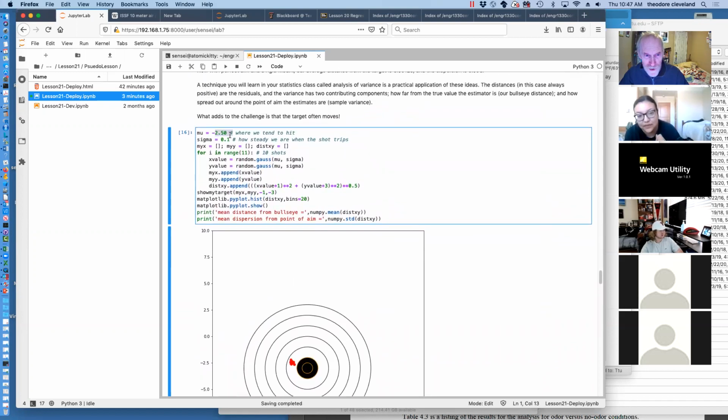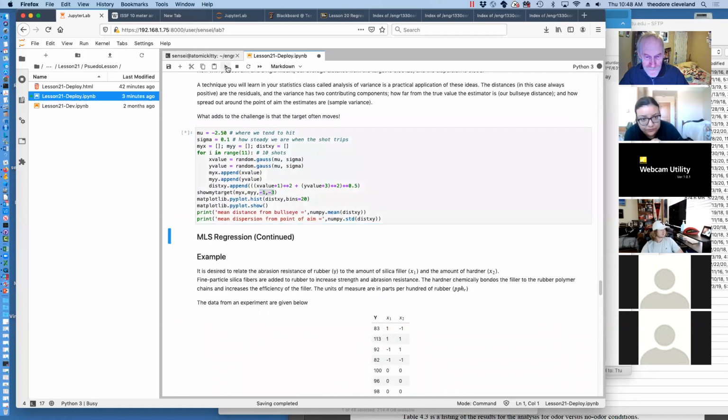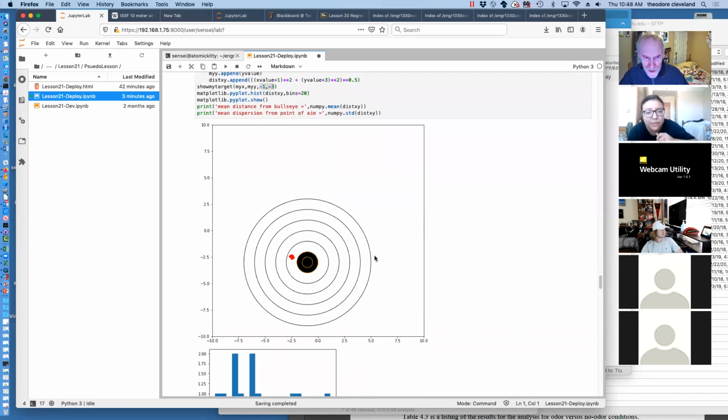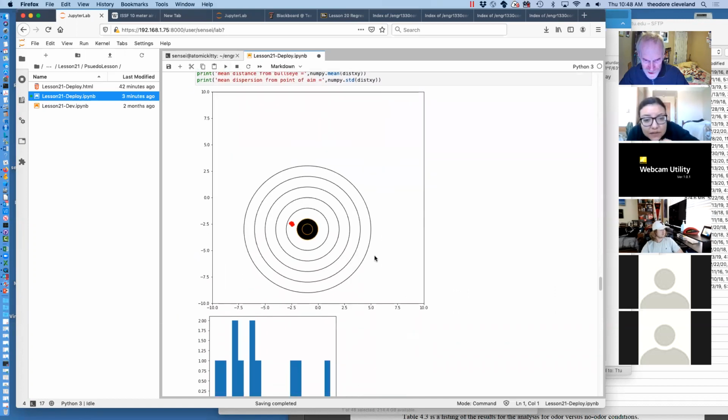We'll start with our shot adjusted to hit minus 2.5 away from 0, 0, and moderate shakiness. And we'll take 10 shots. And what we've now done is we've adjusted where the target is. We moved the target to -1, -3. We do that. There's our shots.